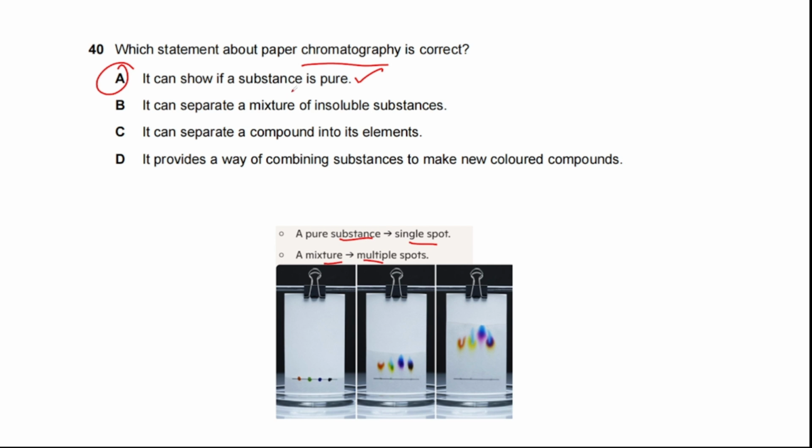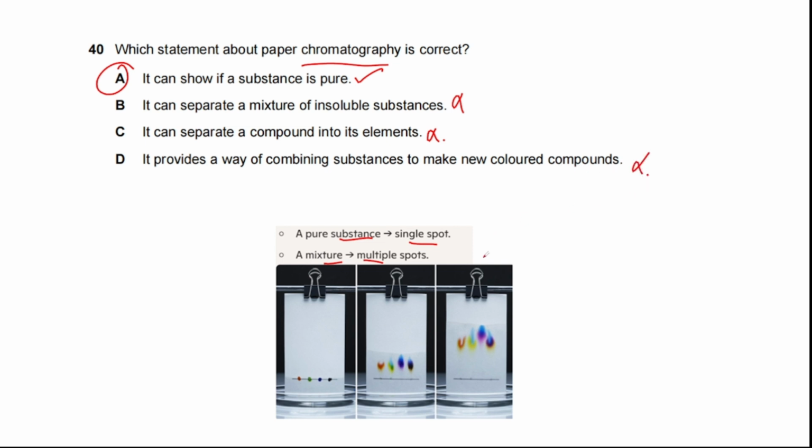So you can use paper chromatography to find out whether it is a pure substance or a mixture. Then, can it separate a mixture of insoluble substances? No, you need soluble substances for it. Can it separate a compound into its elements? Definitely not. It's just separating it into its components, not into elements like hydrogen and nitrogen. Then, does it provide a way of combining substances to make new colored compounds?